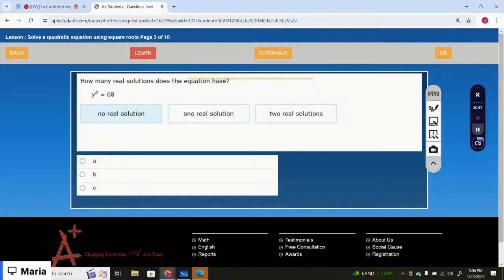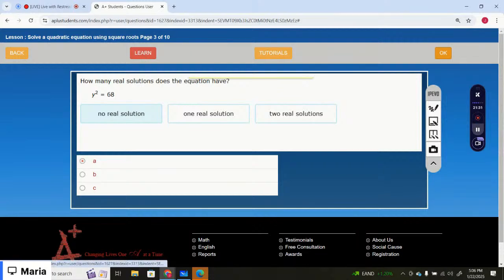How many real solutions does the equation have? Y square equals 68. So 68 is not a perfect square, right? So that means the equation has no real solution.